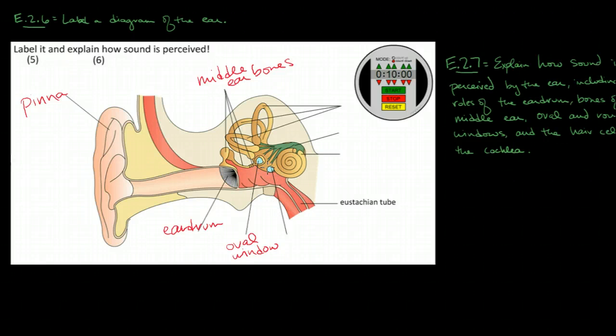The oval window, which then transmits vibrations from these middle ear bones into the fluid of the cochlea.